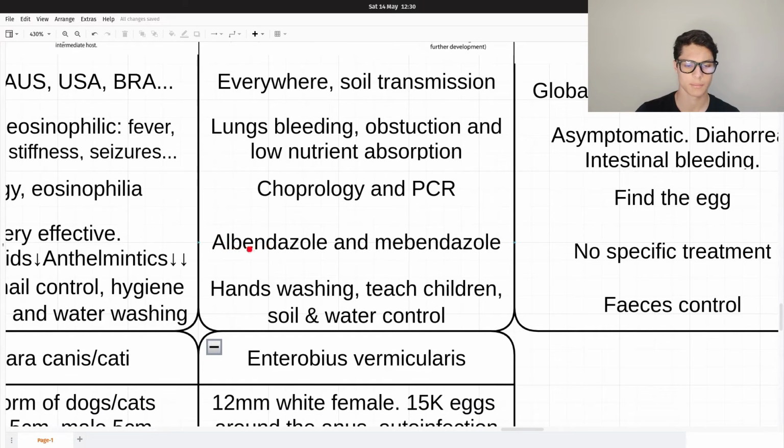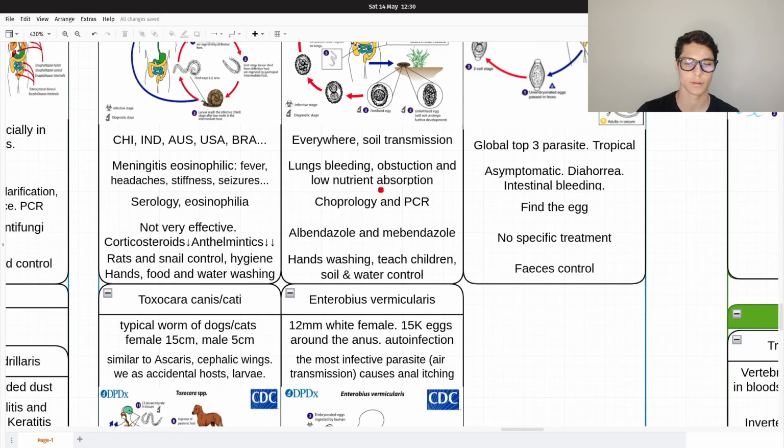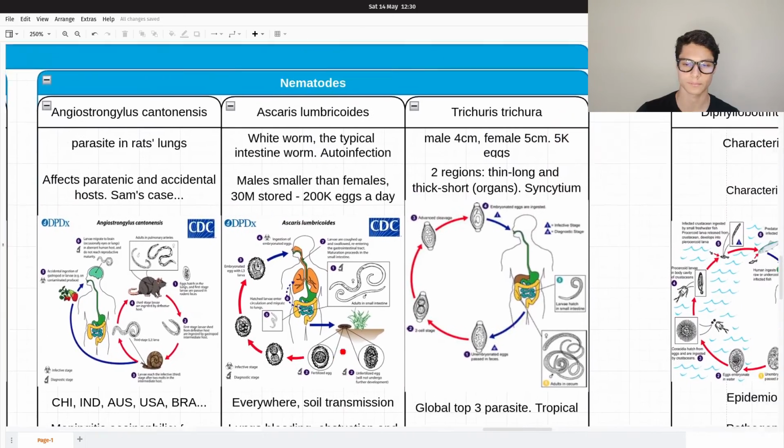Then the treatment is albendazole and mebendazole, and the prophylaxis, well, hand washing, teach children, soil and water control, because if we wash our hands when we eat, we will lower these cases enormously.